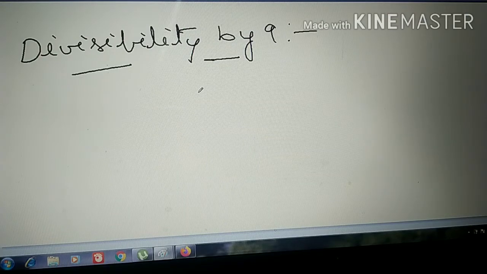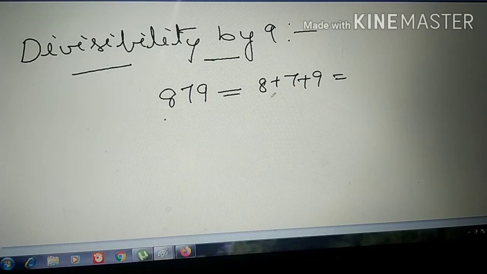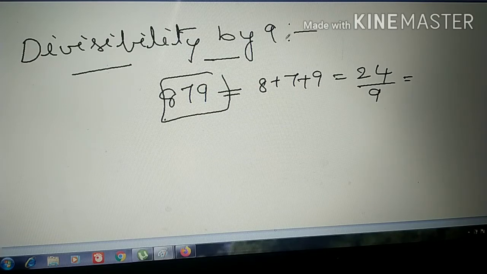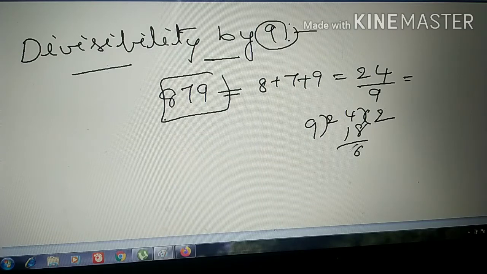Divisibility by 9: if the sum of the digits of any number, 879 I am taking, 7 plus 9, 16, plus 8, 24, is exactly divisible by 9, then the number is exactly divisible by 9. See here, this is not exactly divisible by 9. 9 twos, 18. You are getting here 6. So the remainder you are getting. That means the number is not divisible by 9.